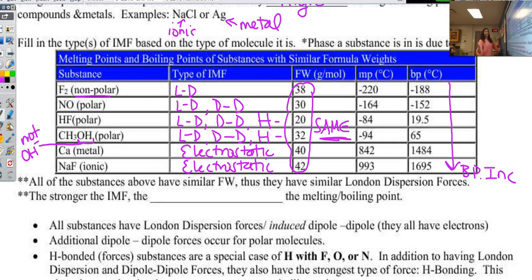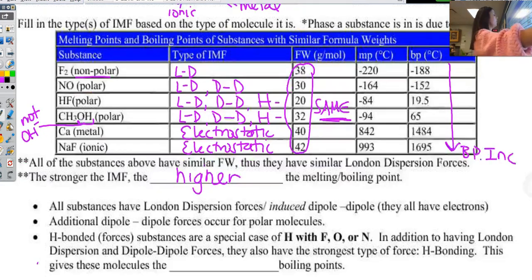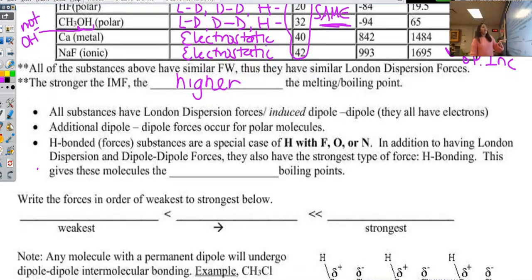Okay, so that's just summarizing that. All of them have similar formula weights. The stronger the IMF, the higher the melting and the boiling point will be. Now, all substances have LD forces, with additional dipole-dipole for polar molecules. Hydrogen bonding is a special case, and it gives the molecules the highest boiling points out of those.